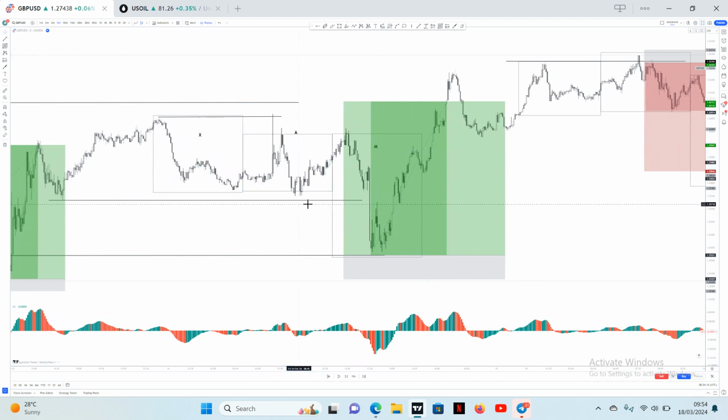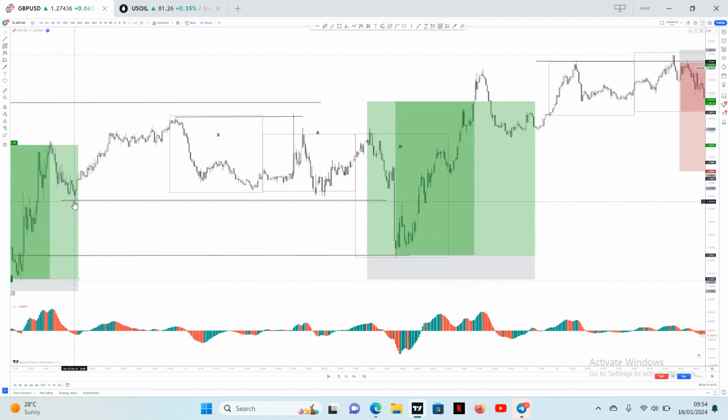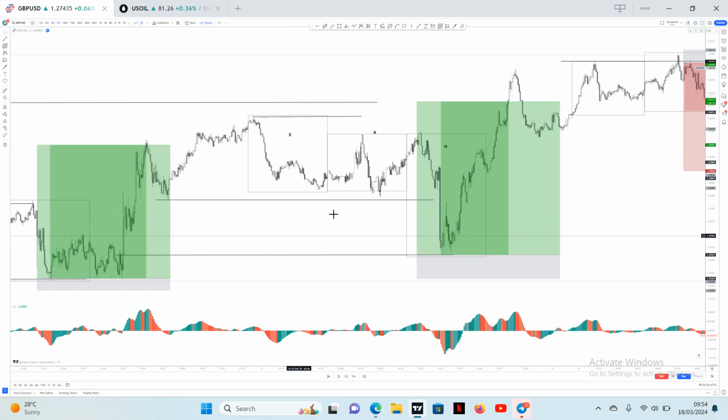Now, after London consolidated, remember this is our temporary low that we marked on the 1 hour, which was inside the fair value gap. After London consolidated, what did quarter three do? It manipulated and at the same time took our temporary low, because this is a manipulation phase and that was the phase that took our temporary low.